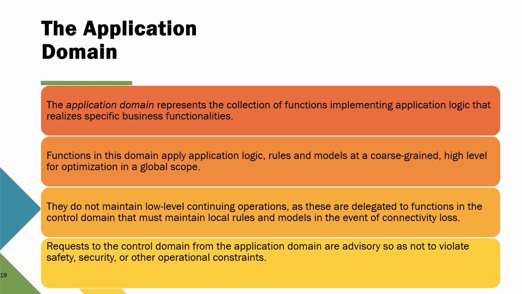All these three do not collide and turn into something chaotic in the system. It allows function one to run as function one, function two to run as function two, and function three to run as function three. So this is the easiest way we can understand the application domain.